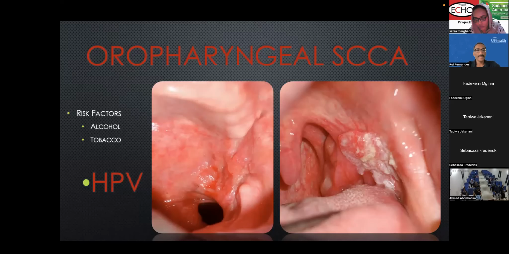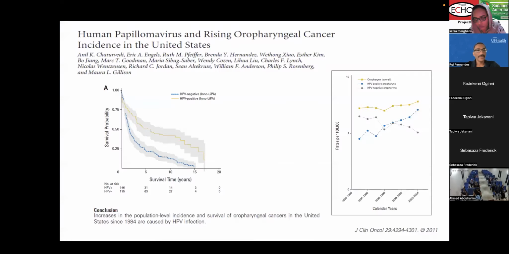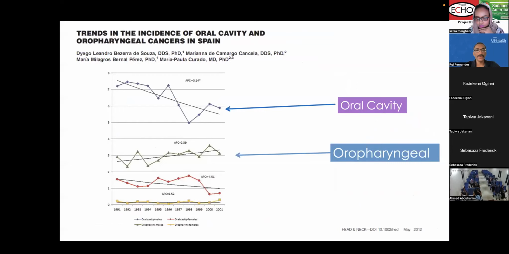The good thing about, if there is a good thing, I think, is that for this particular class of patients, we do see a good response, particularly to radiotherapy, and you can see again in terms of the trend, although oral cavity is trending down, oropharyngeal is trending up, and we talked about this a little bit before.